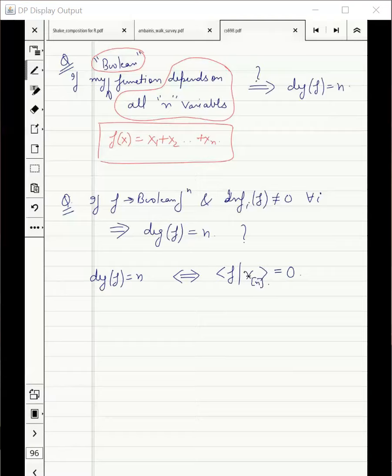We are asking what is the inner product of f with the parity. This equivalence is clear. There is no doubt about it. That's the definition. I should say not equal. If the inner product is not equal to 0, then the degree of f is equal to n. If the inner product is 0, then the degree of f is less.